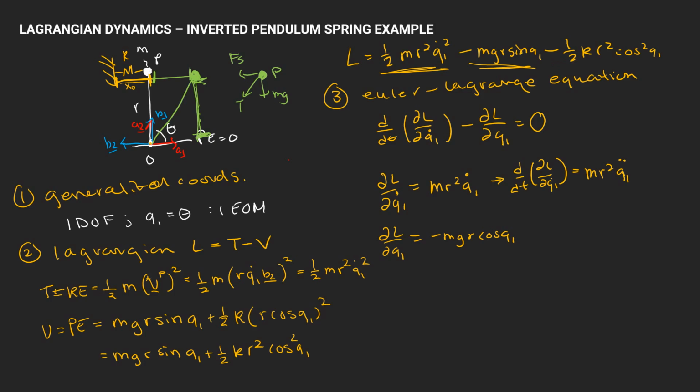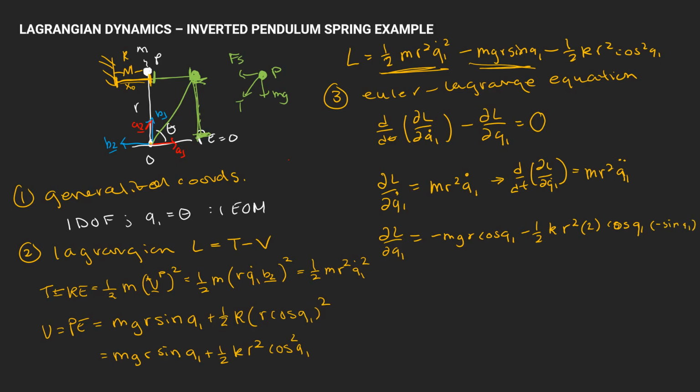I'll just write out the solution from the chain rule. So we get 1/2 k r squared times 2 cosine q1 times negative sine of q1.